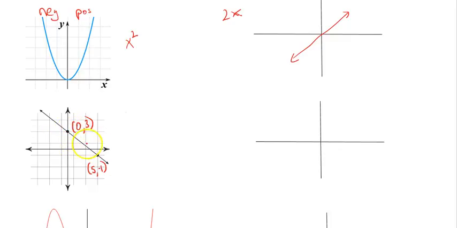So if you treat these points as 0, 3 and 5, -1, you can count. You would go down 4 and over 5. So down 4 and over 5 is the slope of that line. That means that over here our graph is going to be y equals negative 4/5, which is a horizontal line at negative 4/5.